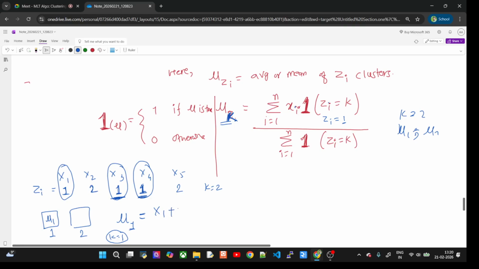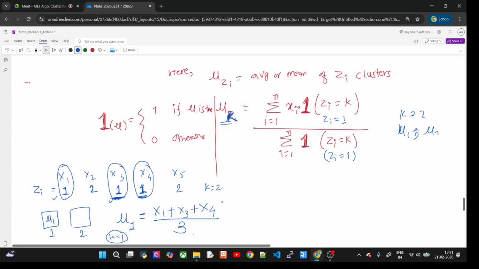So x1 plus x3 plus x4, summation, divided by the summation of the indicator function, how many times they are coming: 1 time, 2 time, 3 time, divided by 3. That means how many times zi equals 1 is there: 3 times, that's why 3.